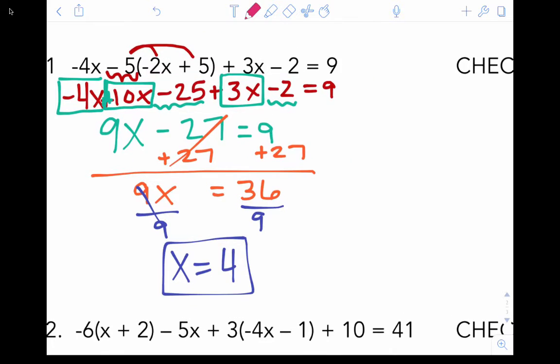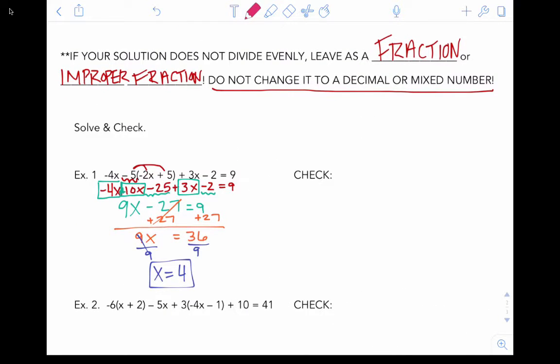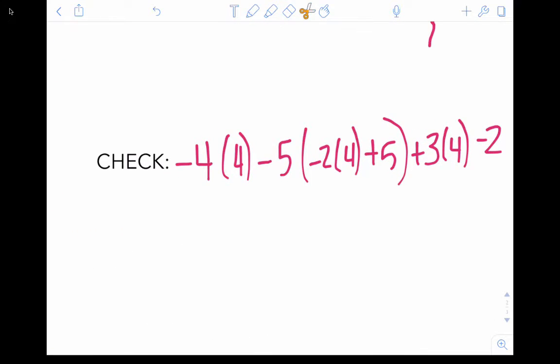So I'm going to check my work. So I'm going to come over here to the check. I'm going to rewrite this whole problem, but instead of writing the x's, I'm going to write 4. So I have negative 4 times 4 minus 5 times negative 2 times 4 plus 5 plus 3 times 4 minus 2, and I'm going to set that equal to 9.